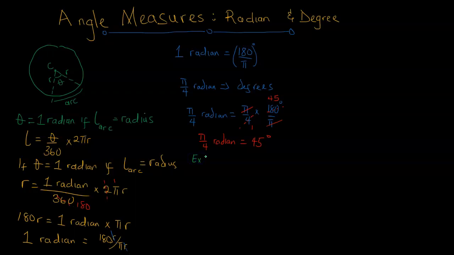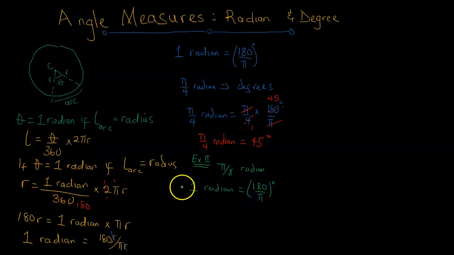Let's take another one, example 2. Let's take pi over 8 radian. So let's obtain its equivalent in degrees. So already we know that 1 radian is equal to 180 over pi degrees.